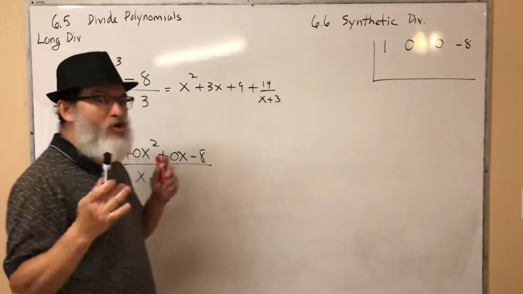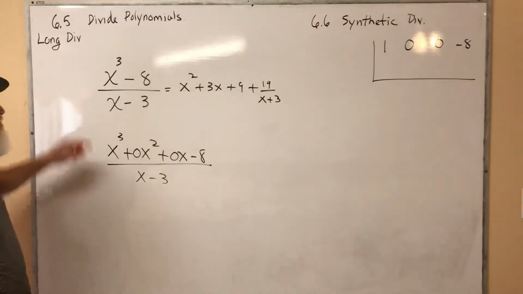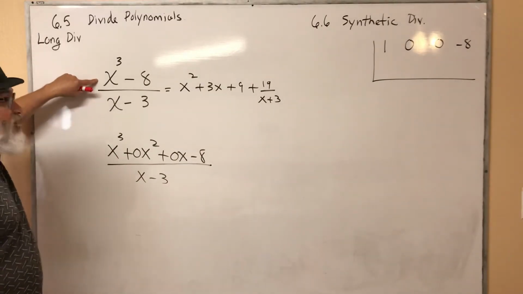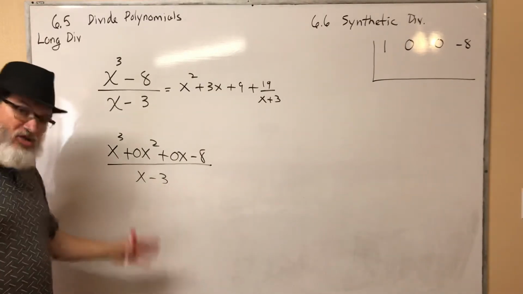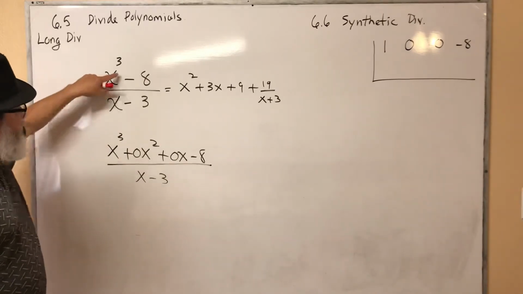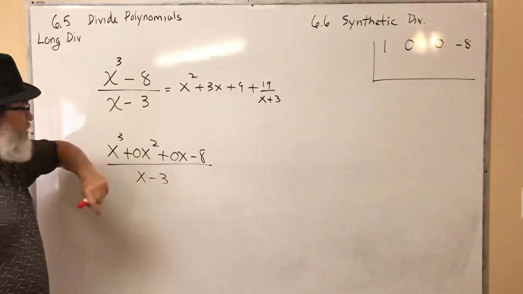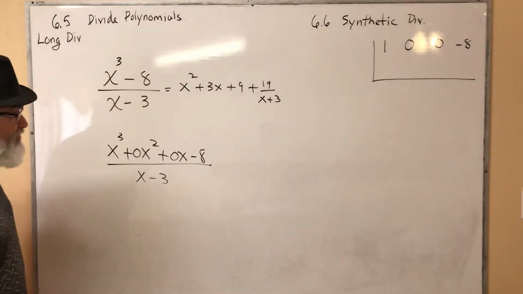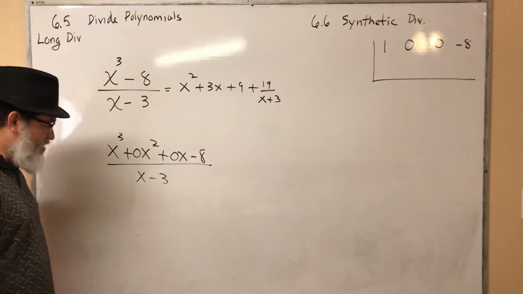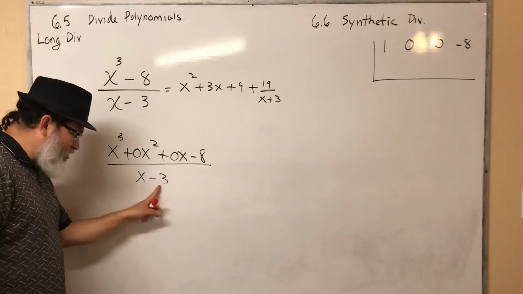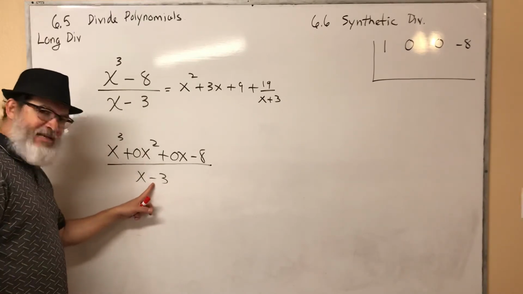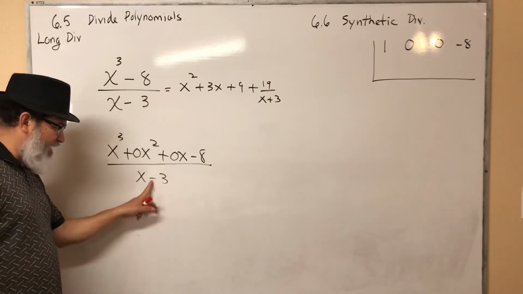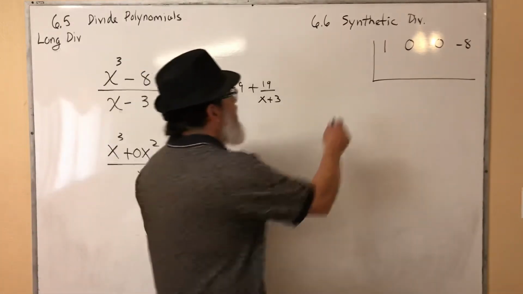You need the coefficients. If it's missing terms, you better write zeros for those missing terms. Here it's missing x squared, I wrote a 0. It's also missing x, I wrote a 0. In synthetic division, just take the opposite of this number. If this is minus 3, take 3.